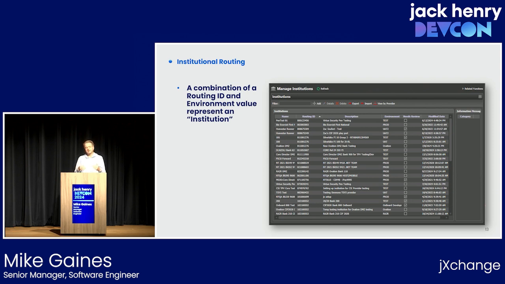If you have a UAT or a test instance of your core, and you want to integrate with that and keep that as your test bed, and not test against production, we can accommodate that. The majority of our institutions have some type of UAT. So if you want to test and use your own data, jXchange can accommodate you in getting into your UAT systems and running concurrently.